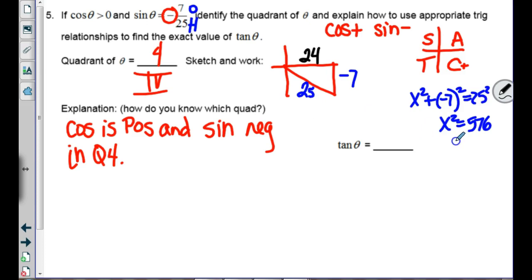So the tangent is opposite over adjacent, or y over x. So it's negative 7 over 24. We good? Just gonna be real careful we don't make mistakes, and these are not hard, right?